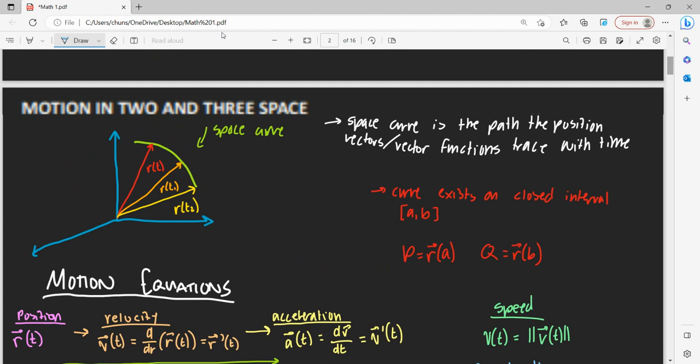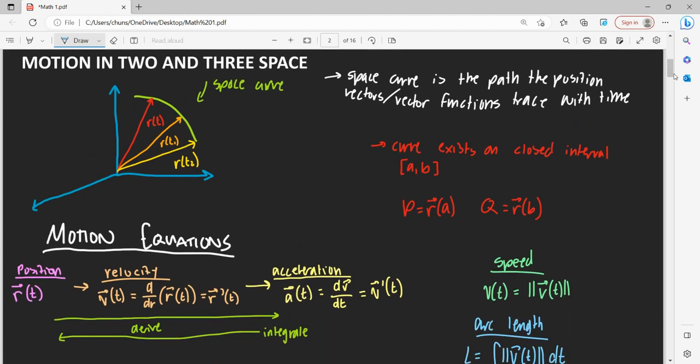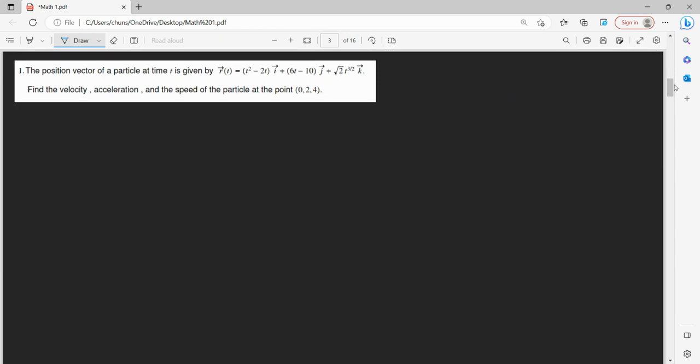Right, so we use our knowledge of space curves and vector functions in order to derive values and equations for motions of particles. So let's try an easy example to start us off.